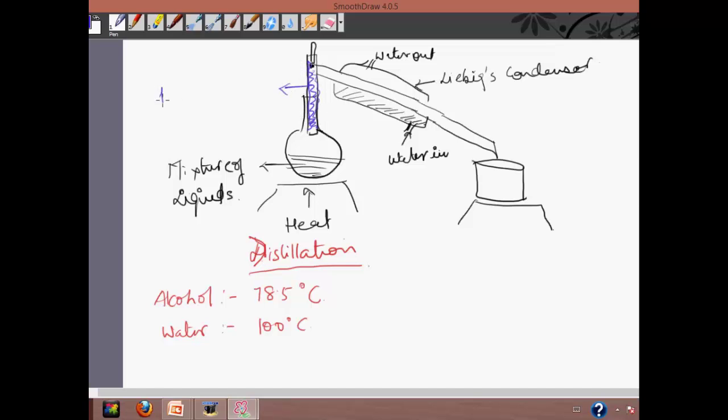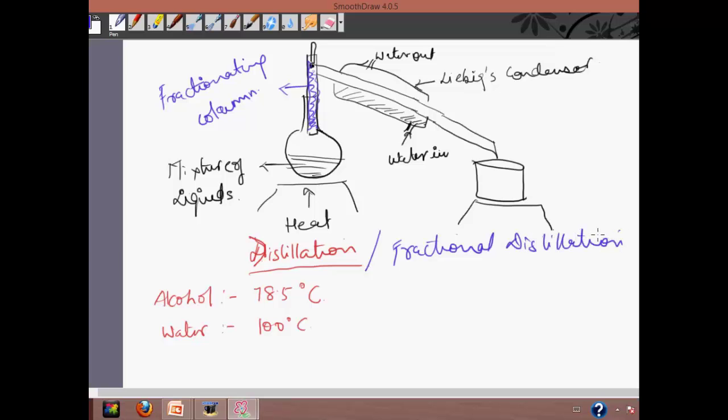This we call a fractionating column. Now this whole experiment is said to be fractional distillation.